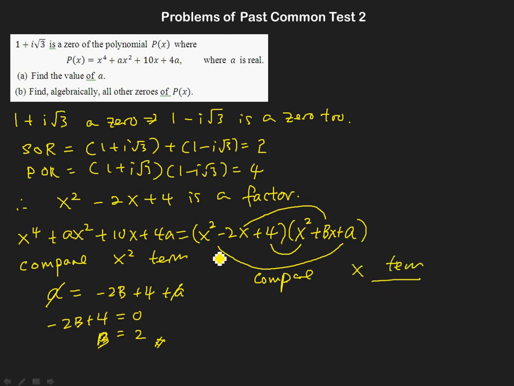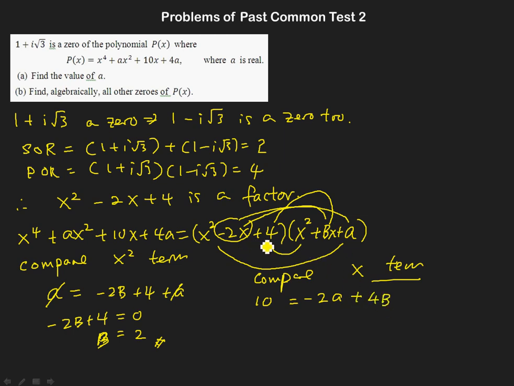Now on this side you have 10, and on this side, how do we get this x term? Simple. That's negative 2x times a, so we have negative 2a, and here must be 4 and bx, so you must have plus 4b. And where else do you get the x term?